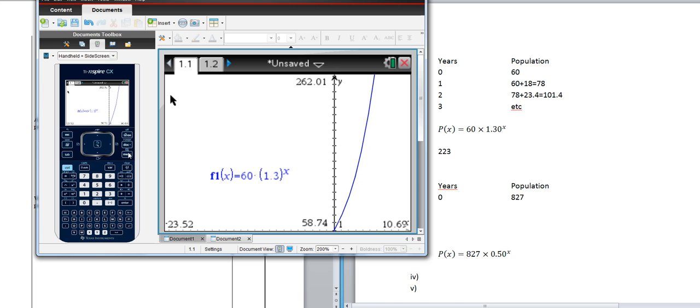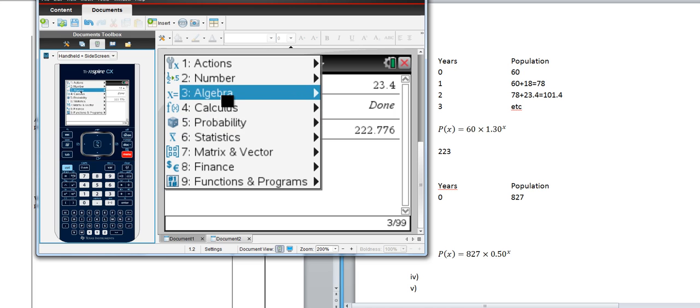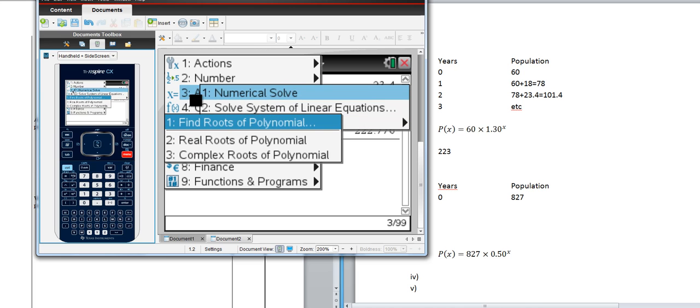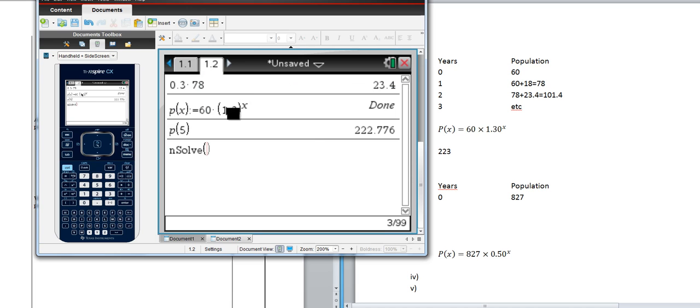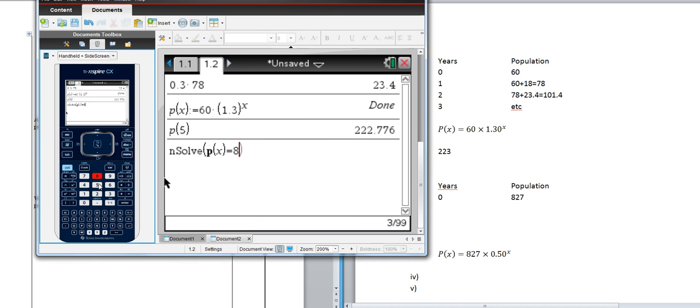Now I would like to use the, let's see, I can't recognize. Let's see if this is the correct function. So p of x is equal to, what was the number? 827. 827, comma variable is x.